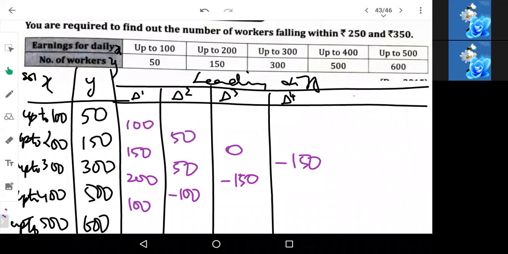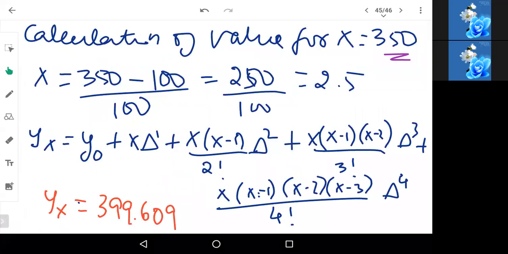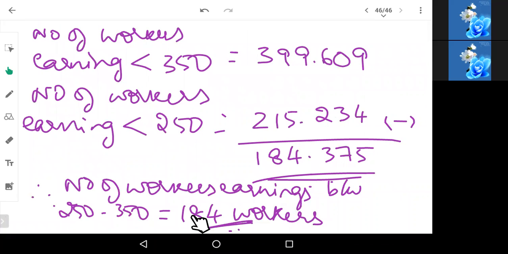If you see the class intervals here, they are not defined properly like how we want. There is no 50 here, 250, 350, that is not given. So that is why we are calculating a separate value for 250 and a separate value for 350. So we will subtract these two values. Whatever the difference is, that will be the value between 250 and 350. So that is the final answer that we got here, 180 for workers.